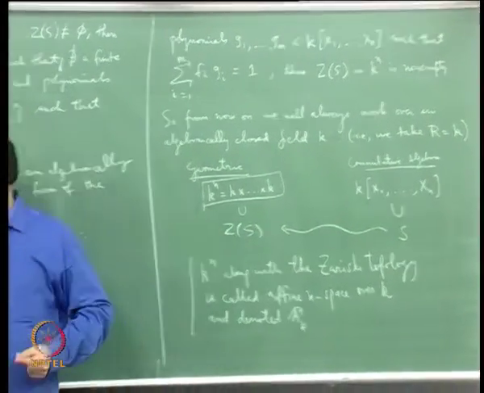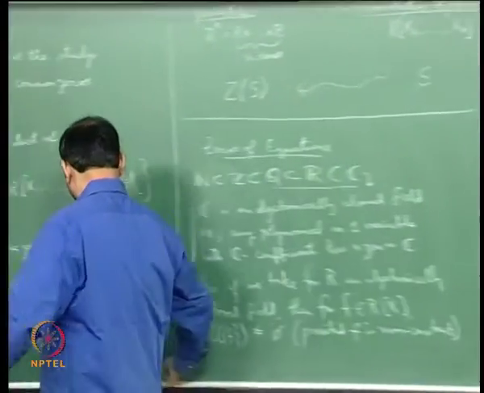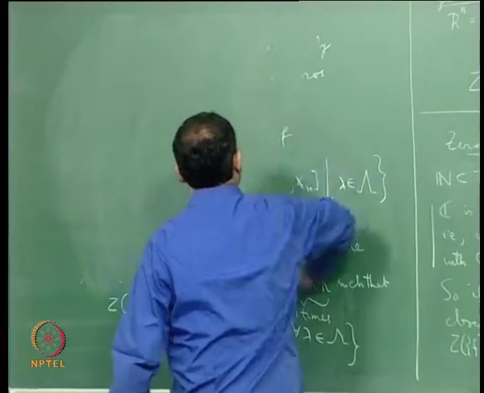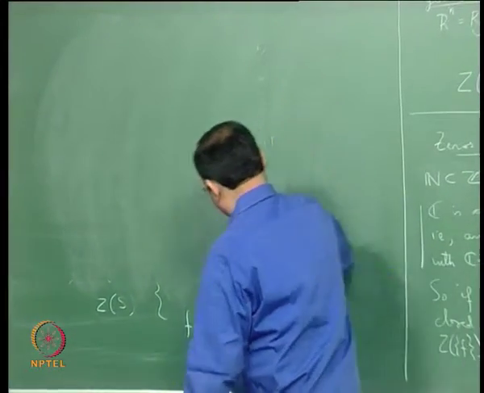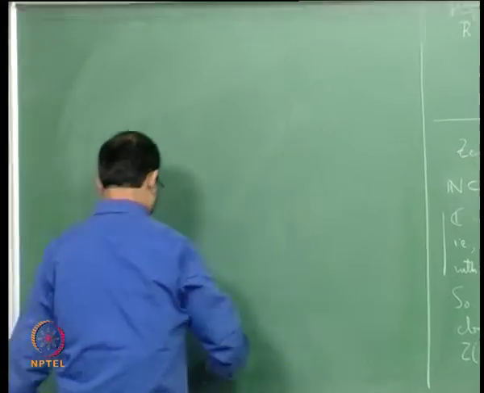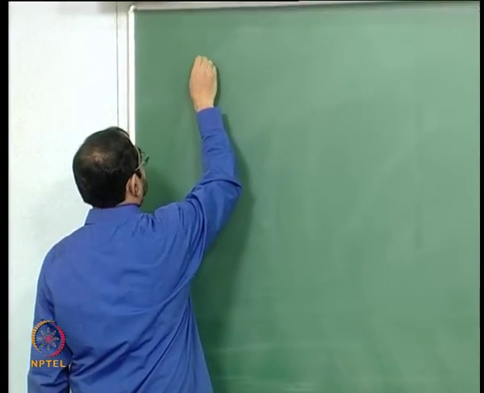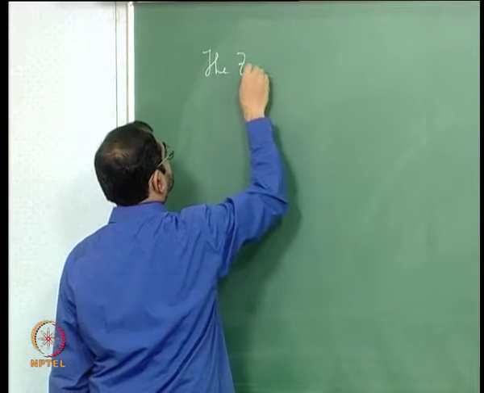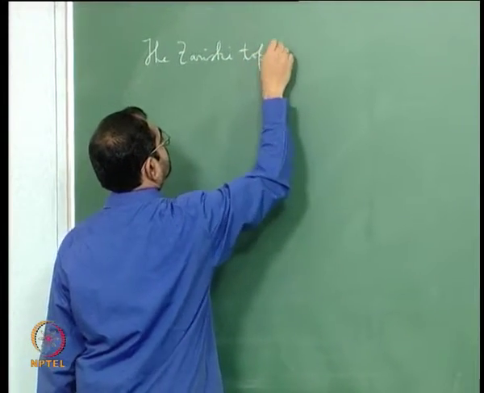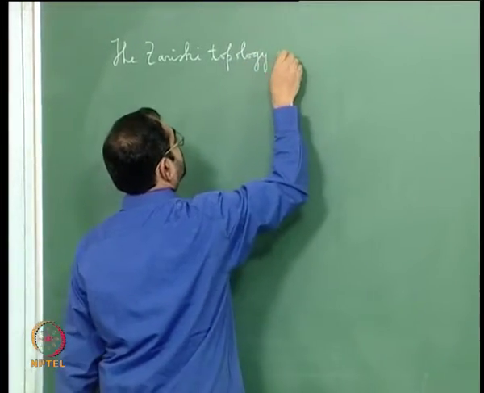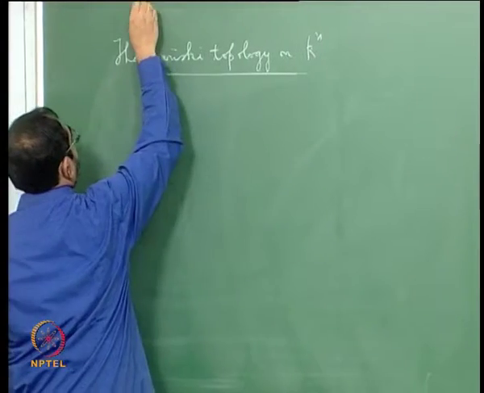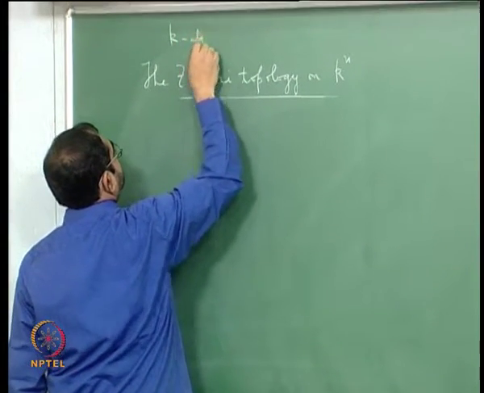Okay, so let me elaborate on that. What I am going to do is the following. The Zariski topology on K^n, of course with K an algebraically closed field.